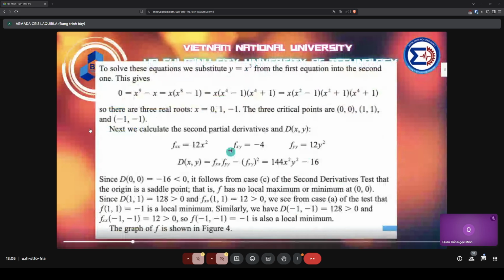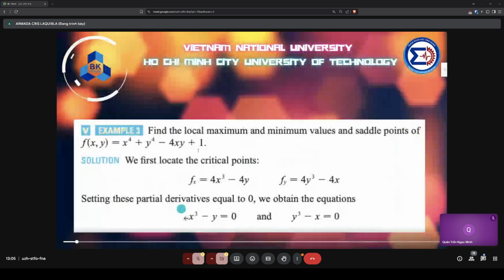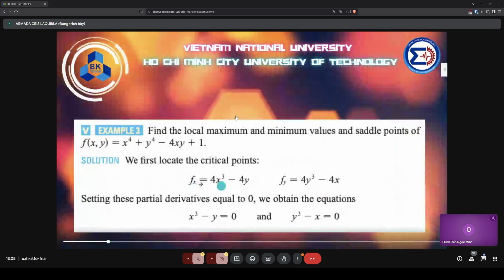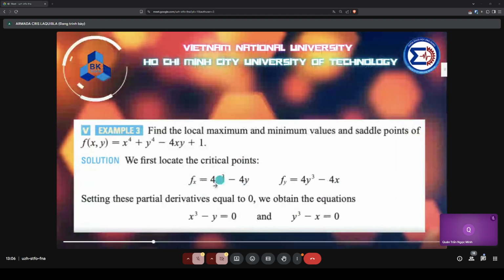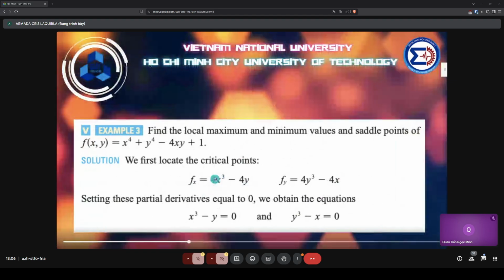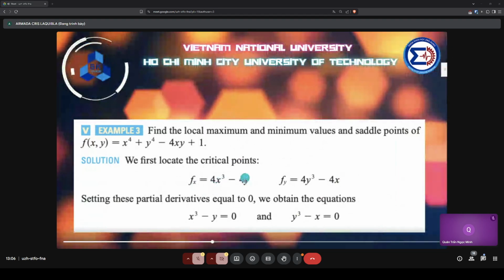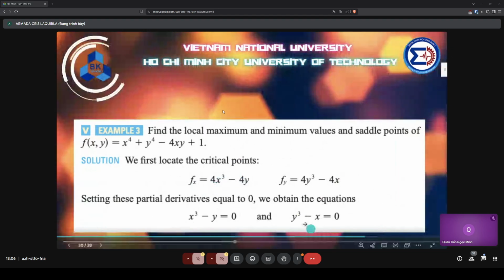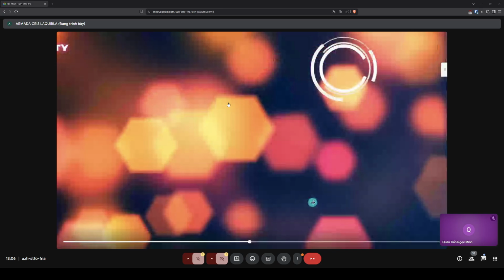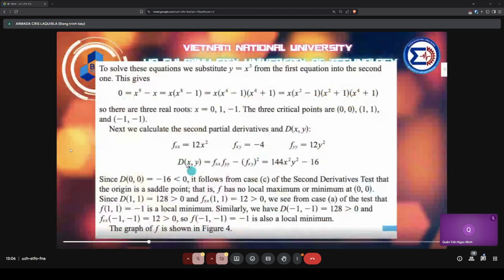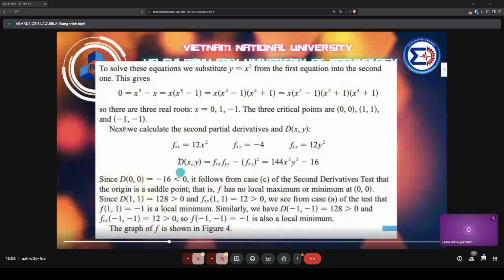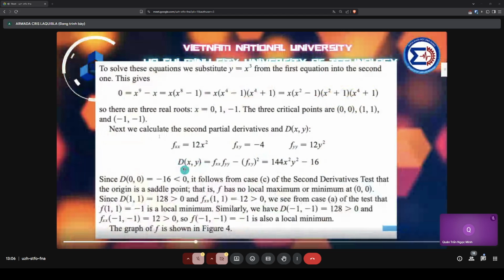Now we solve also fxy. This is fx already. So if we take the derivative with respect to y, this 4x squared, the derivative of this is 0 because there's no y. And derivative of this is negative 4. So we have the fxy is equal to negative 4. And we substitute that in our formula for our D of xy.